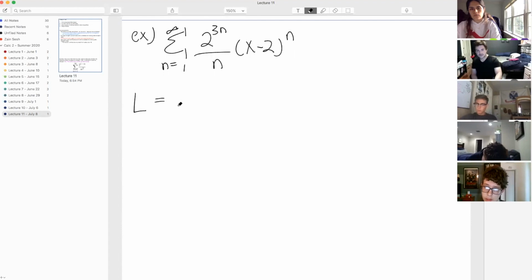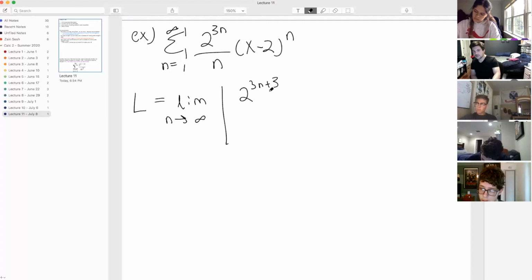So let's do it. L will be this limit as n goes to infinity. So we need absolute values now. Very good. So what's the n plus 1th term going to look like? It's going to be 2^(3n+3) over n + 1 multiplied by (x - 2)^(n+1).